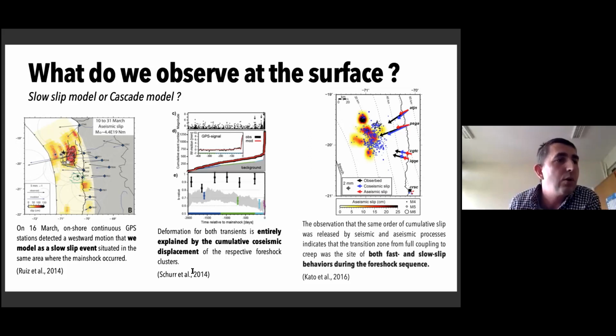When an earthquake occurs, obviously it changes the surface displacement, and when you accumulate all of the foreshocks together, you could eventually explain what was happening at the surface. So in that case, they didn't involve aseismic slip on the fault. They say that the nucleation phase is pretty much only seismic. So in that case, you might be more on the side of the cascade model.